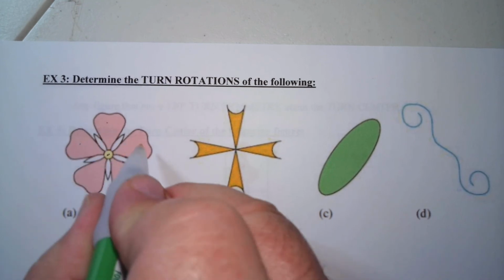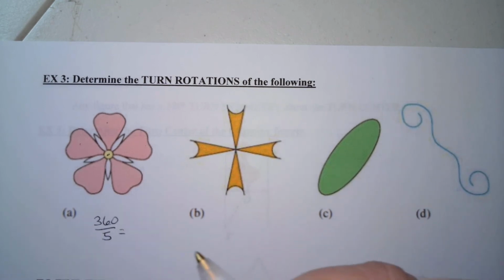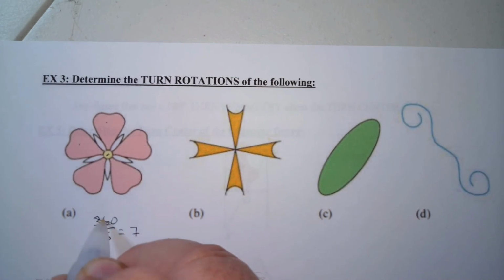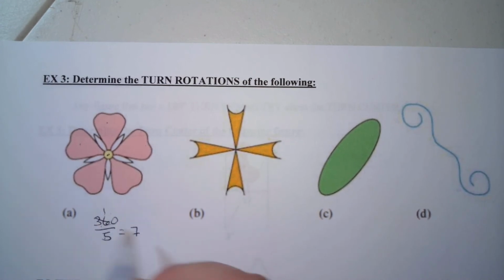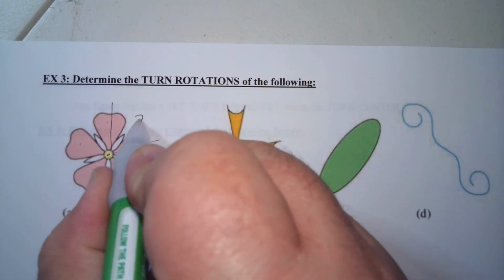So we have 1, 2, 3, 4, 5. So it's 360 divided by 5. Five goes into 36 7 times. 7 times 5 is 35, so it has 1 left over. 5 goes into 10 twice. So from this one to this one is 72 degrees.